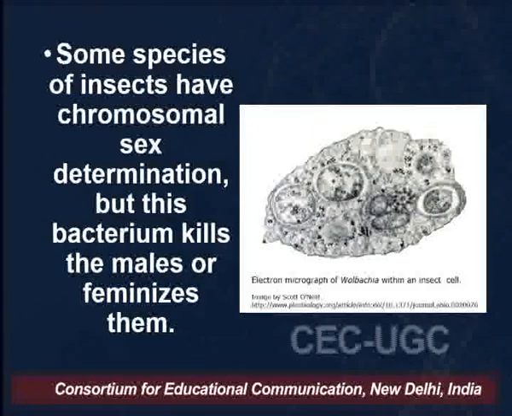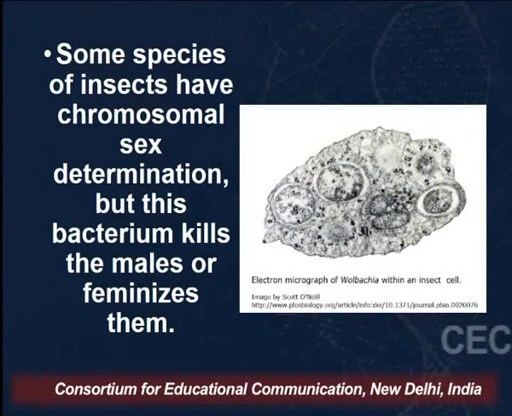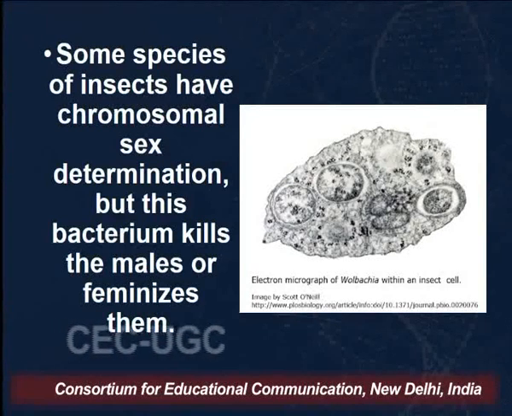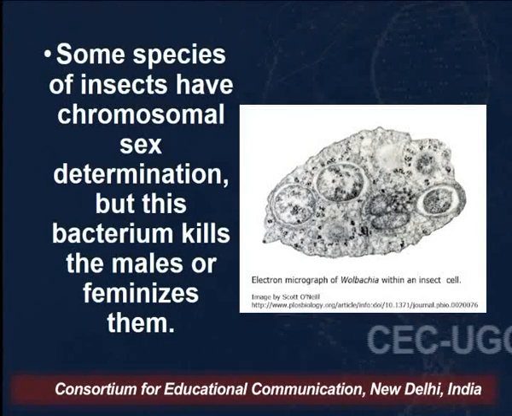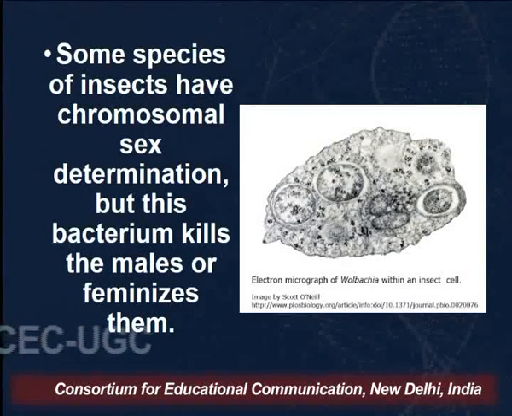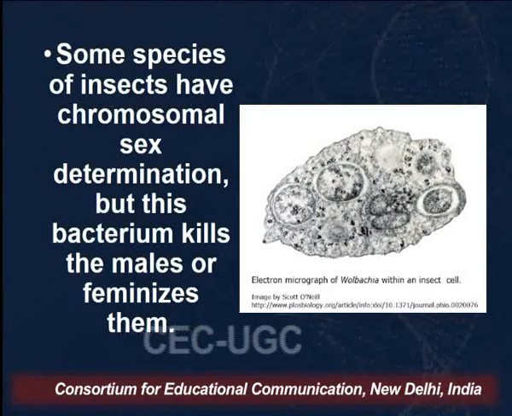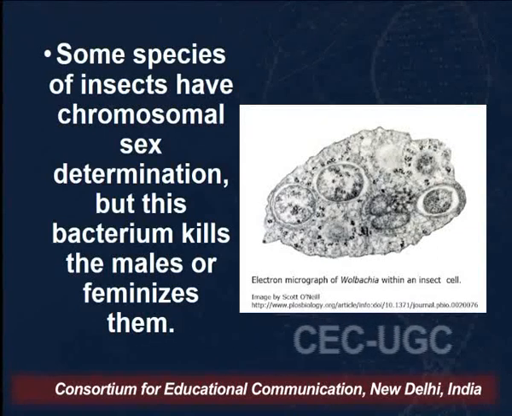It's a very interesting bacterium, because some of these species, even though they may have chromosomal sex determination, once this bacterium infects them, the males are killed or they are feminized.